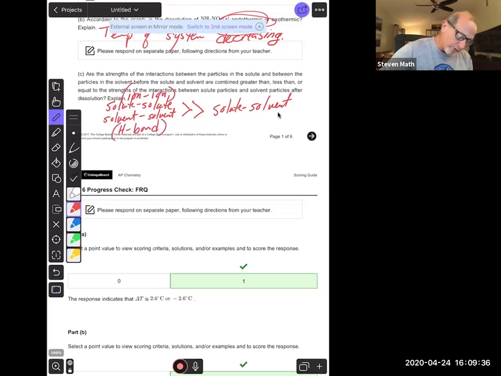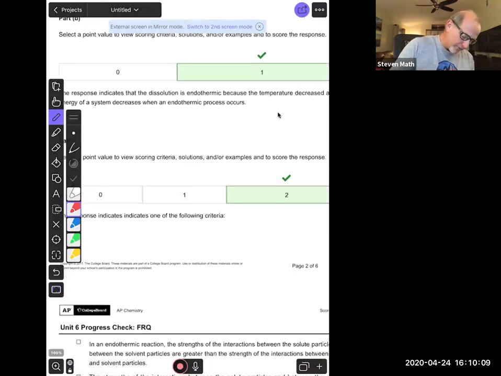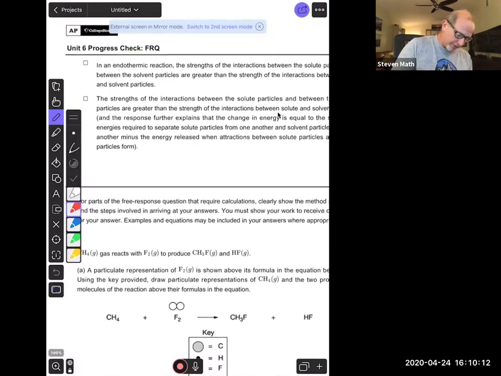But really, what force is going on in the solute-solvent is an ion-dipole force. Not going to be strong enough. So the forces before are stronger than the forces after. That's what makes it endothermic for us here. Okay? And I think that's all we had, A, B, C. Their answer key isn't terribly good here.